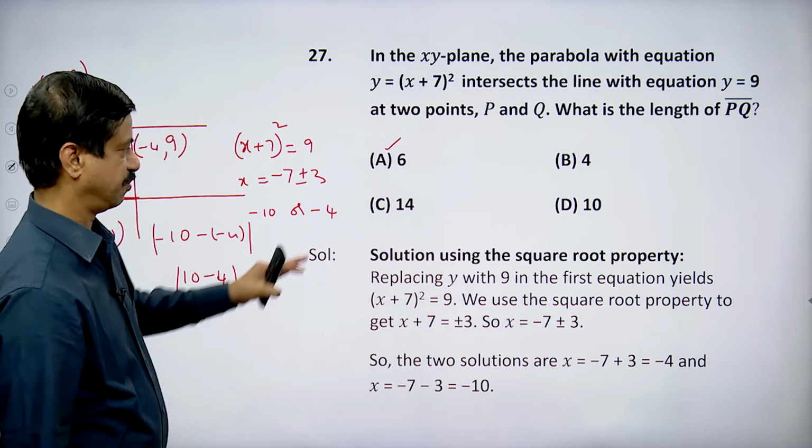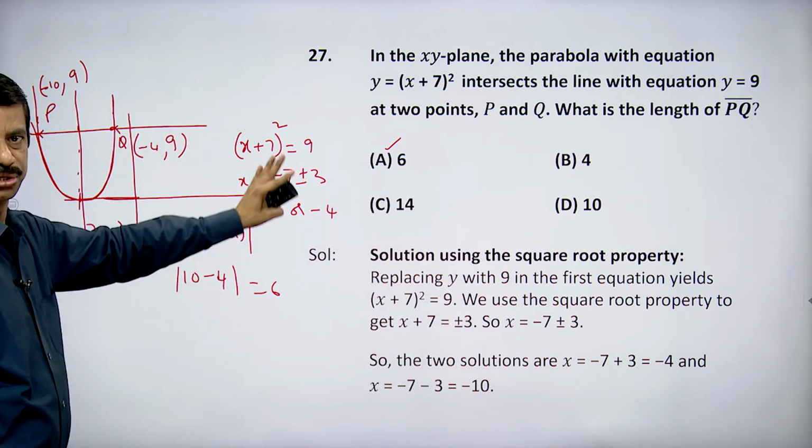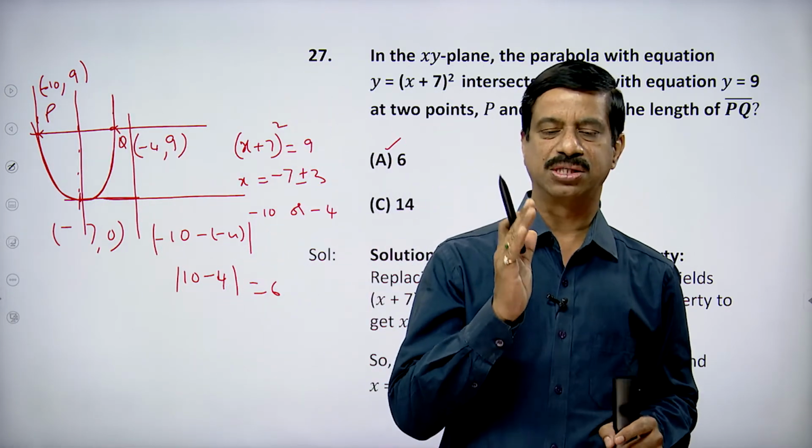Right, children? So instead of a lengthier solution, we made it very short through the diagram. I think you should be able to understand. See, whenever we are putting a sketch, it means we have understood the concept very well.